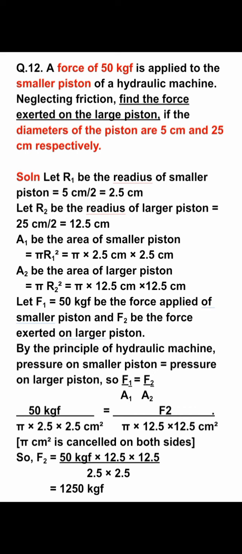F2 we have to find, divided by A2, the area of the larger piston, pi into 12.5 into 12.5 centimeter square. Now pi centimeter square is cancelled on both sides. So F2 equals 50 kgf into 12.5 into 12.5 whole divided by 2.5 into 2.5, which after simplification we will get as 1250 kgf.